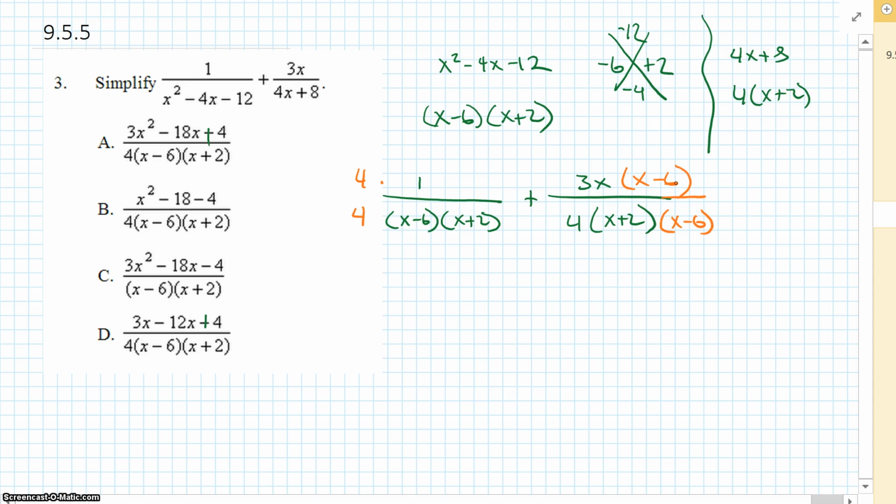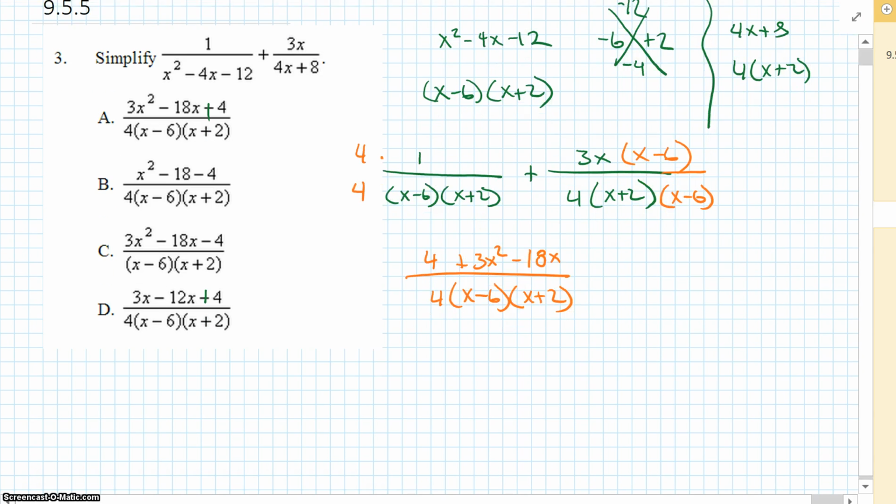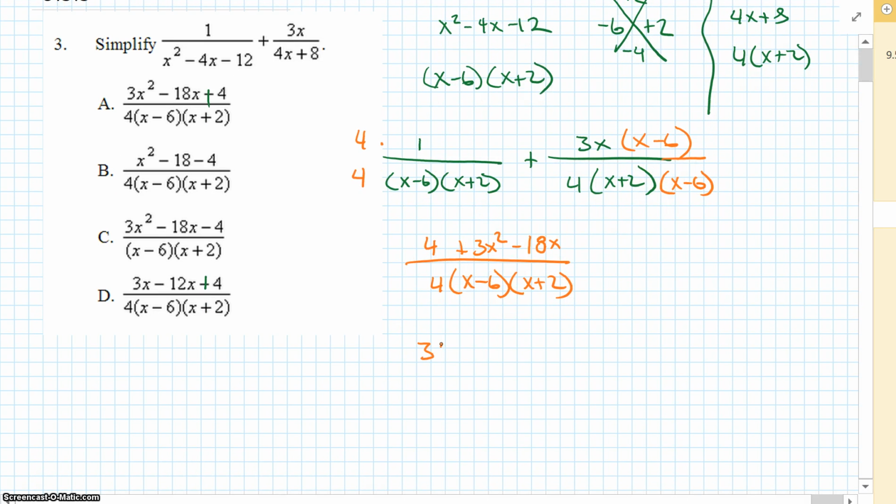And now, what do you notice about my denominators? They're the exact same, so I can rewrite it as 4 times x minus 6 times x plus 2 all over, 4 times 1 is 4, plus 3x squared minus 18x. So rewrite it in standard form. So I have 3x squared minus 18x plus 4 all over 4 times x minus 6, x plus 2.